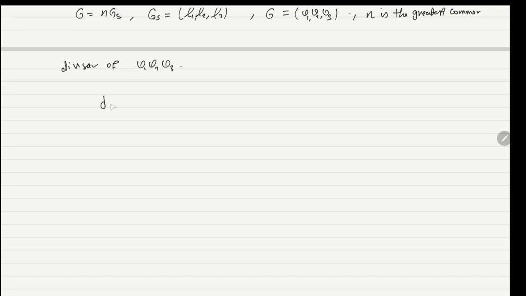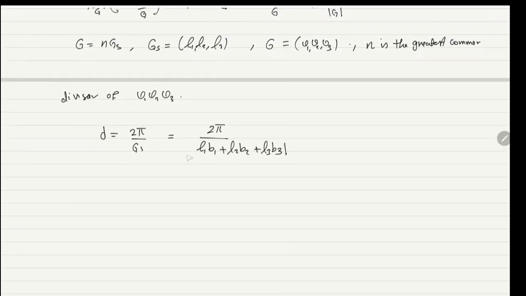Therefore, d equal to 2 pi over Gs, or simply 2 pi divided by L1 B1 plus L2 B2 plus L3 B3, and L1, L2, L3 are Miller indices that we discussed before, but for this one they are Miller indices of the lattice planes which are perpendicular to G.